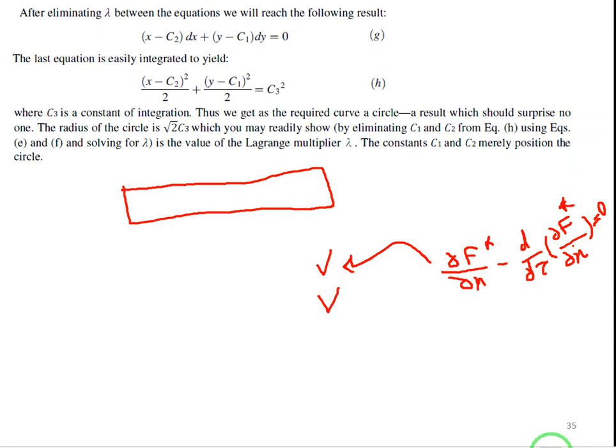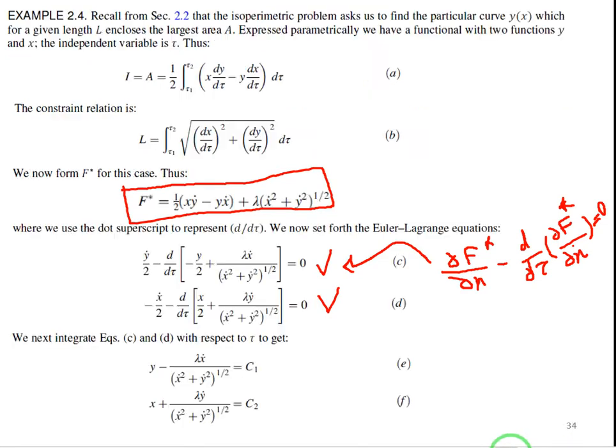Let's look at here. I can easily eliminate lambda from these equations.